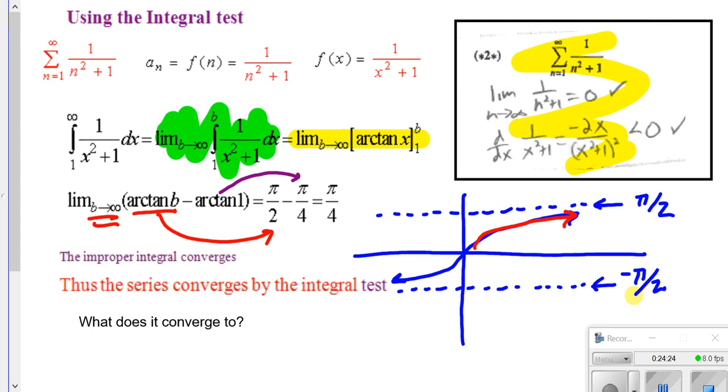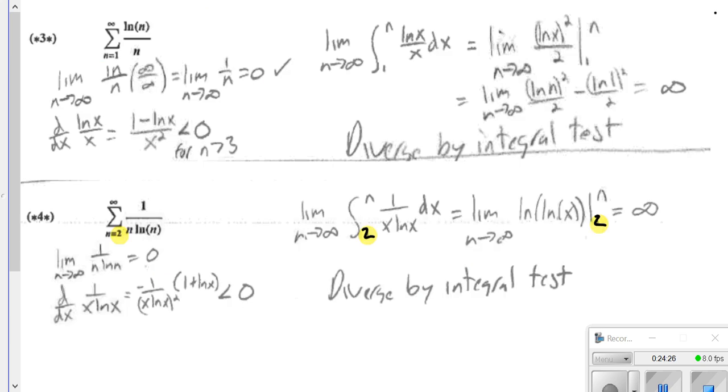All right, let's take a quick peek at 3 and at 4. In number 4, notice that this starting value for the index variable was at 2. And so technically, I don't know if they would be very fussy about this on the AP test, to be honest, but technically, we shouldn't have a 1 down here, because the natural log of 1 is 0, and the natural log of 0 is not defined.